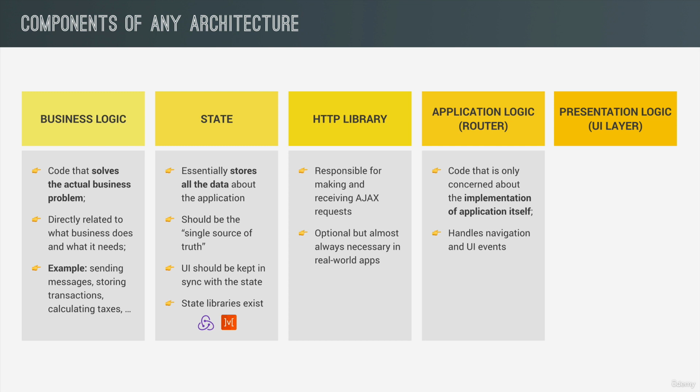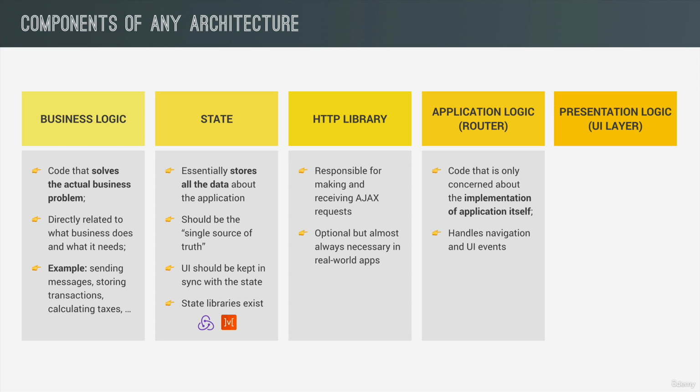Now, about the application logic, this is the code that is only concerned about the implementation of the application itself. So it's more the technical aspects of the application which are not directly related to the underlying business problem. So, for example, application logic includes handling of UI events and navigation on the page. That's the reason why this component is many times also called a router.